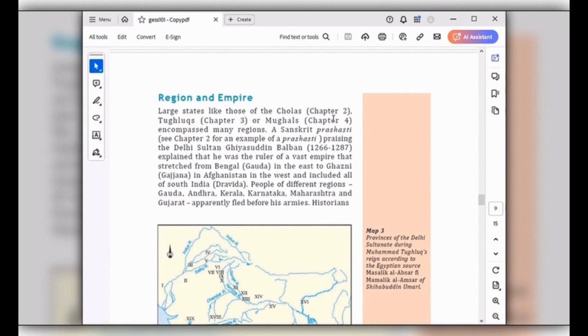So, a Sanskrit Prashasti praising the Delhi Sultan Ghiyasuddin Balban, 1266 to 1287, explained that he was the ruler of a vast empire that stretched from Bengal, Gauda in the east to Ghazni in Afghanistan in the west and included all of South India, Dravida. People of different regions, Gauda, Andhra, Kerala, Karnataka, Maharashtra, and Gujarat, apparently fled before his armies.